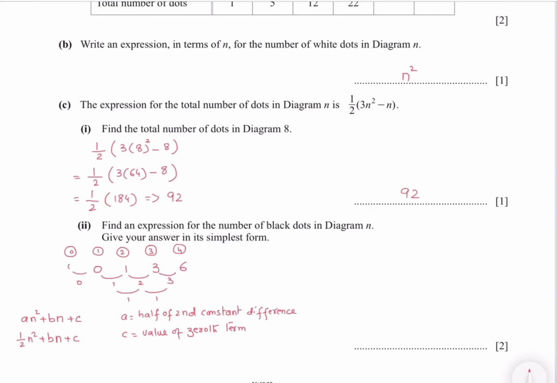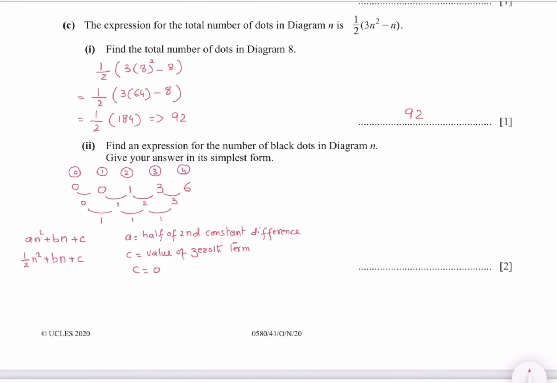So 0 minus 0 gives you 0. So your value of c is 0. So now you can write down 1 over 2 n square plus bn plus 0. So no need to write plus 0. You can just write 1 over 2 n square plus bn.